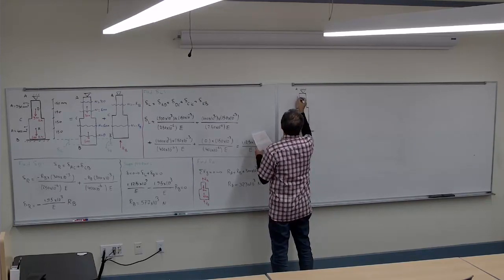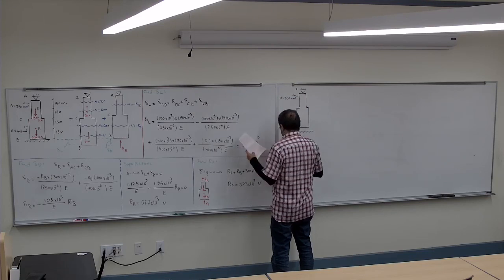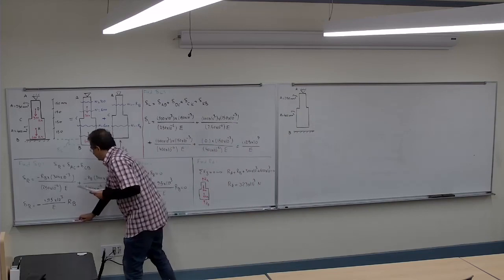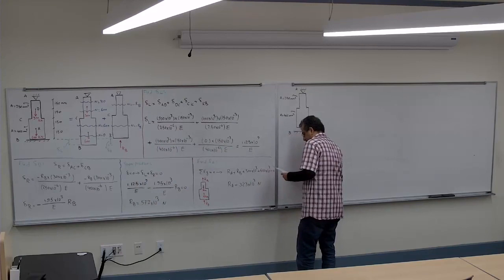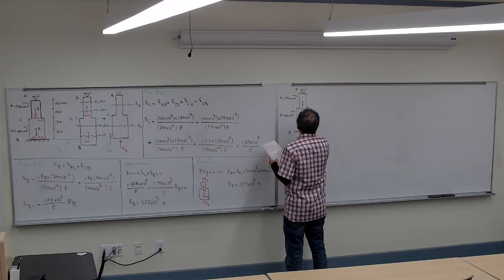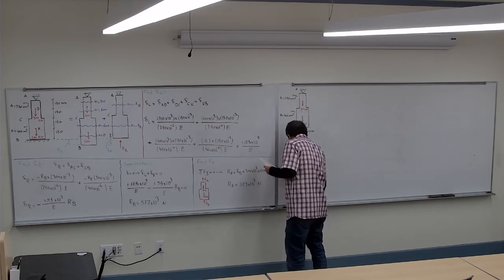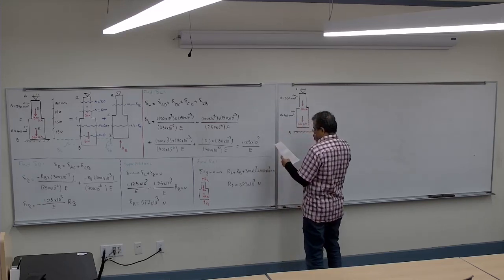So everything is the same: it's 250, it's 400, and it's going to be the 300, 600.